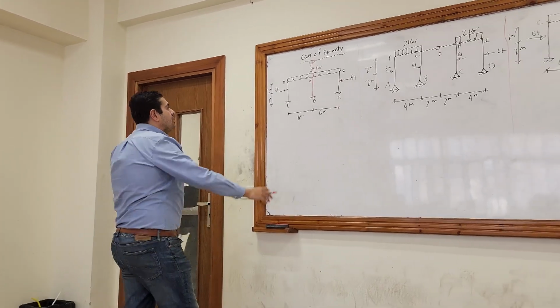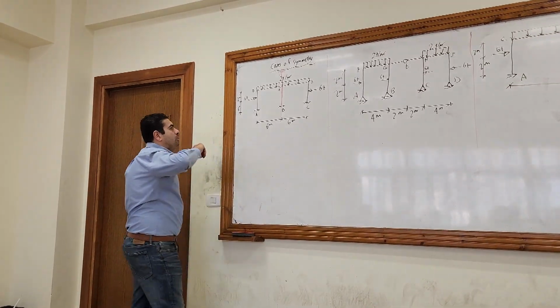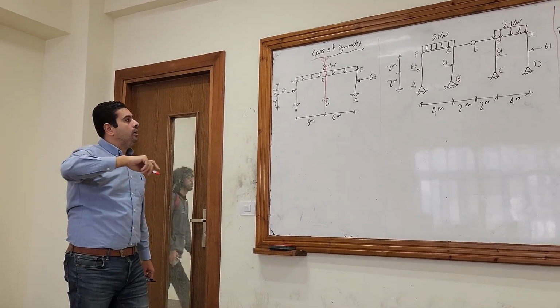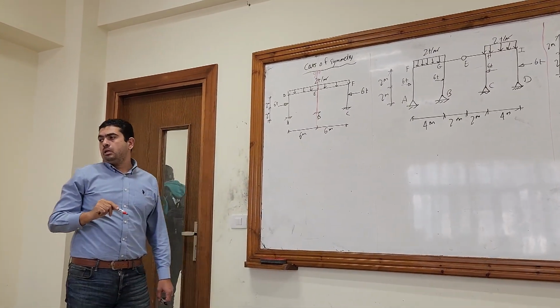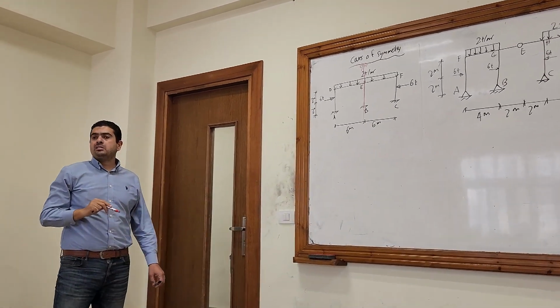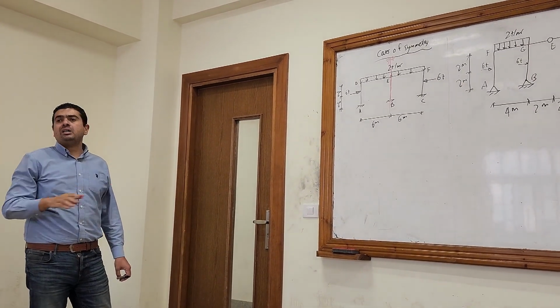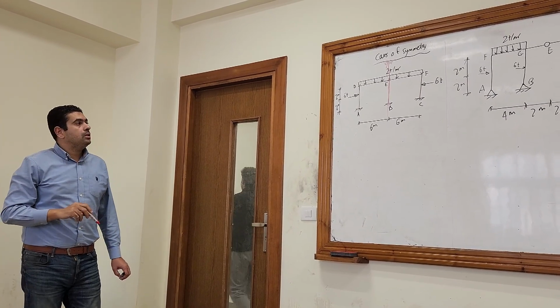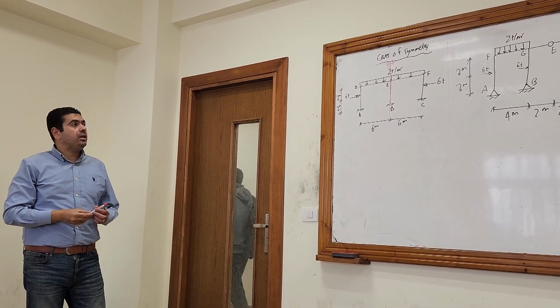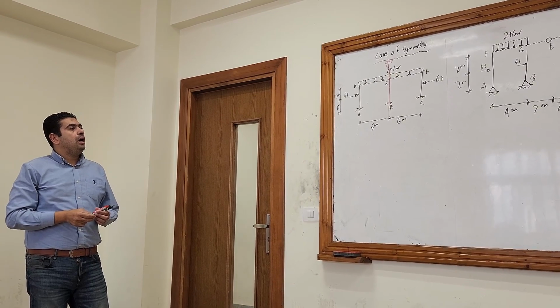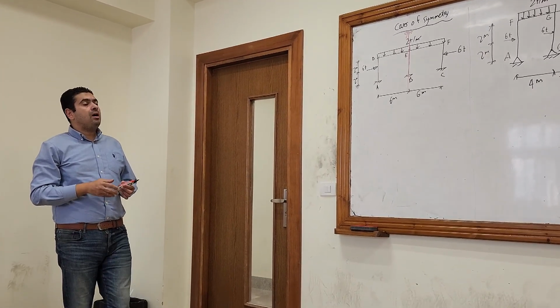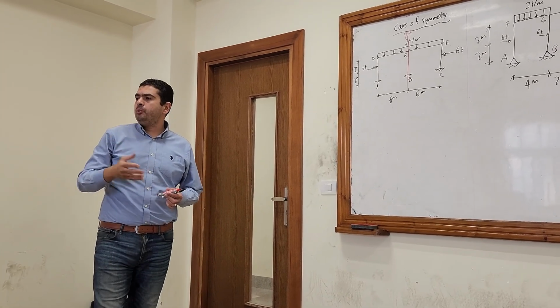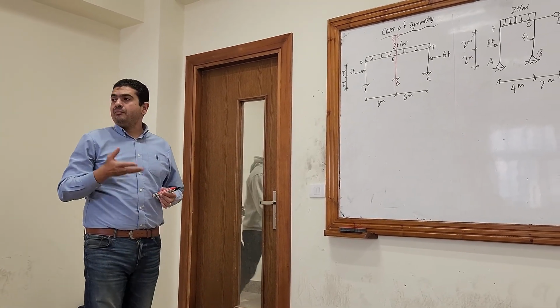This is the first case of symmetry, but I have also to double check that the member BE is not loaded. If the member BE is loaded, then this is not a case of symmetry. So the first case of symmetry is when I find a line of symmetry above a frame member. BE is a frame member.